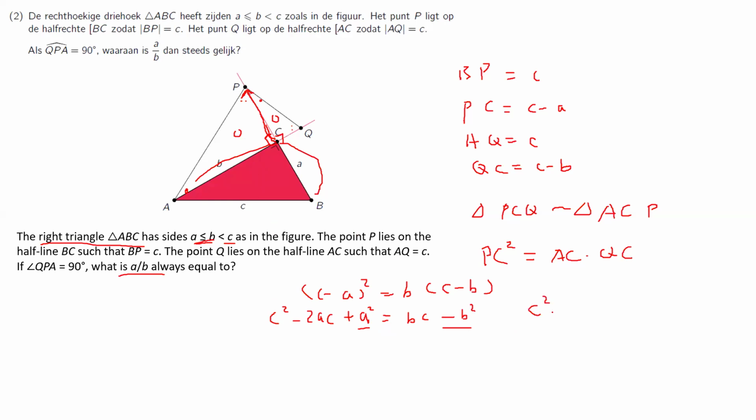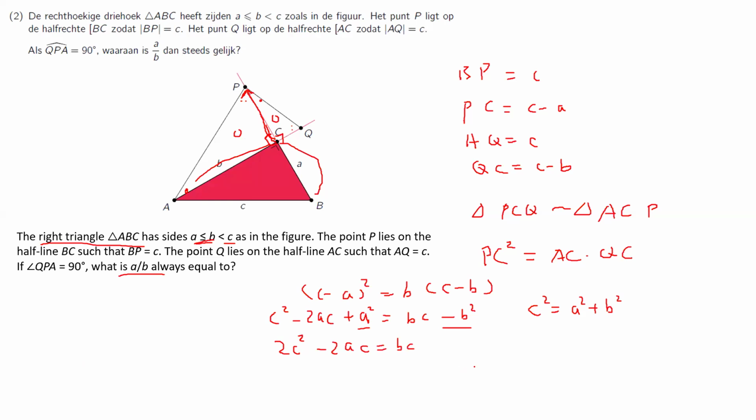So c squared equals a squared plus b squared, right? And then we have two c squared. Sorry, I have to erase it somewhere. Okay. 2c squared minus 2ac equals bc.